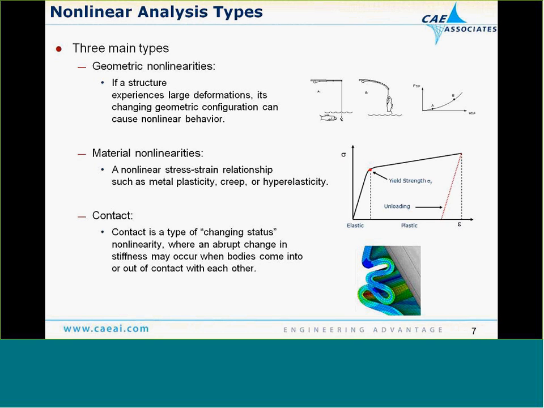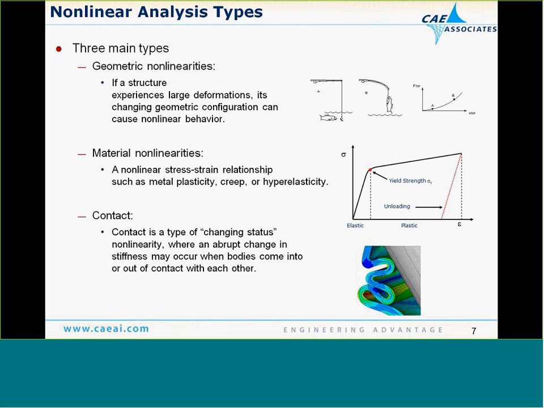The stiffness matrices need to be updated during the analysis. Also, as the elements deform, those stiffness matrices have to be updated. You can get both a stiffening and a softening response depending on the type of geometric nonlinearity that's occurring in the analysis. Now, the good news there is that it's very easy to activate those nonlinear effects.